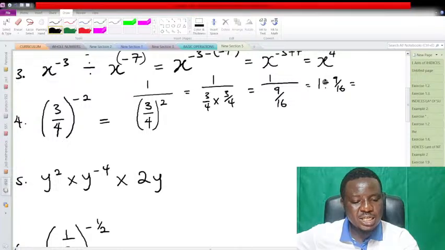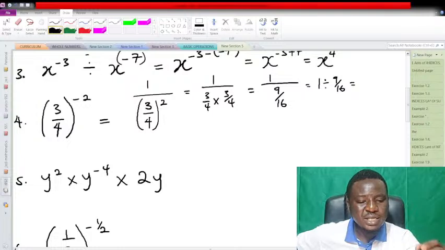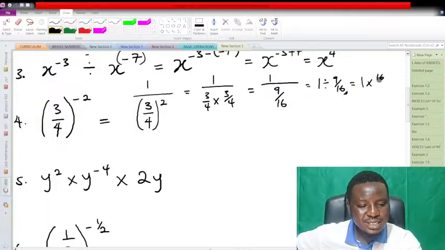And when you are dividing 1 by 9/16, in simplification, we said when you are changing a division sign to a multiplication sign, you reciprocate the second term, or the term after it. So this now becomes 1 times 16/9. So this is equal to 16 divided by 9. And that will give us 1 whole number 7/9.